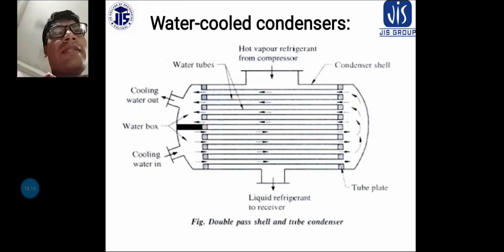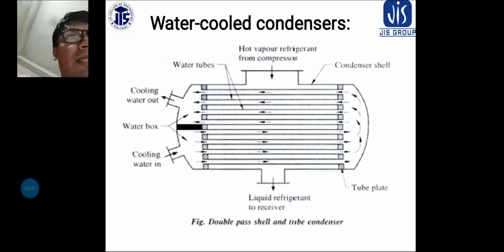In such a condenser, the upper tubes act as desuperheater, while the tubes at the bottom yield subcooled condensate. If there is any oil associated with the refrigerant, it flows with the condensate.